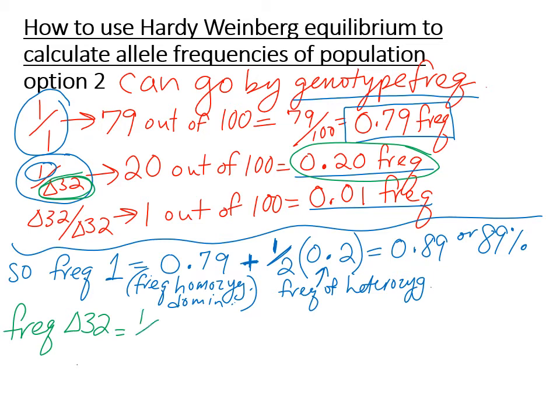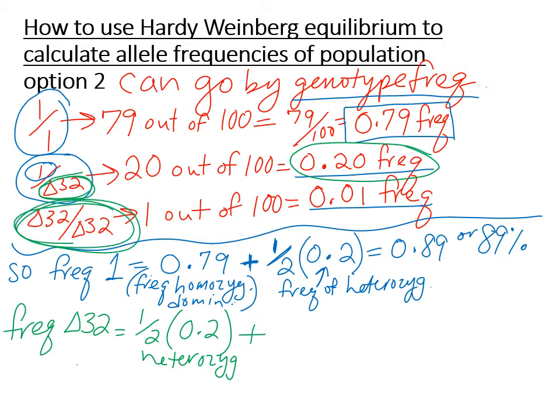So 1/2 of that 0.2, the heterozygous, plus the entire homozygous recessive, which is 0.01. And what does that give you?